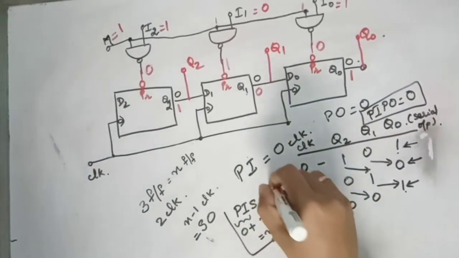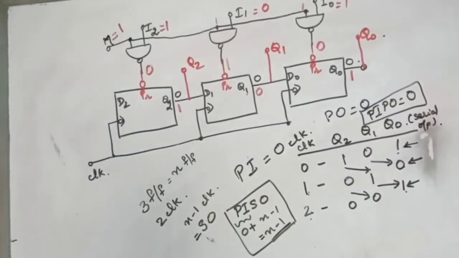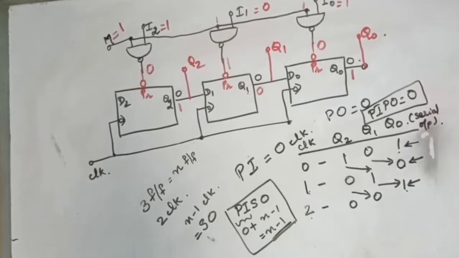Parallel in, serial out requires n-1 clock cycles. Serial in, serial out requires 2n-1 clock cycles, and serial in, parallel out requires n clock cycles. Each of these you can draw the timing diagram: serial in, serial out; serial in, parallel out; parallel in, serial out.